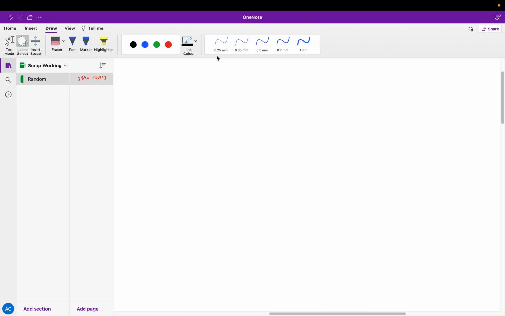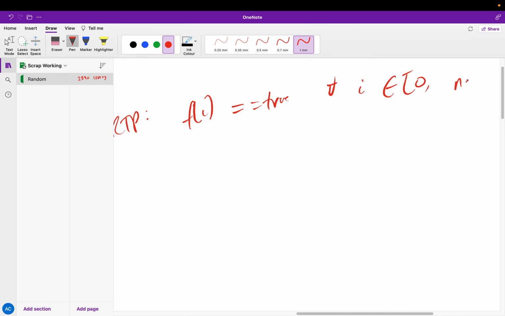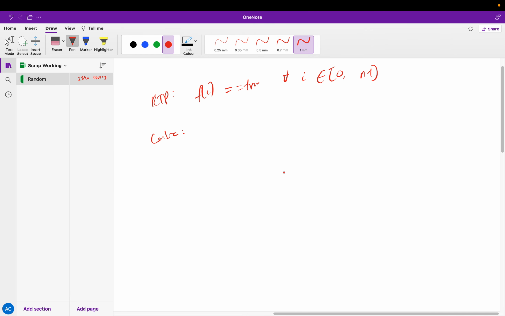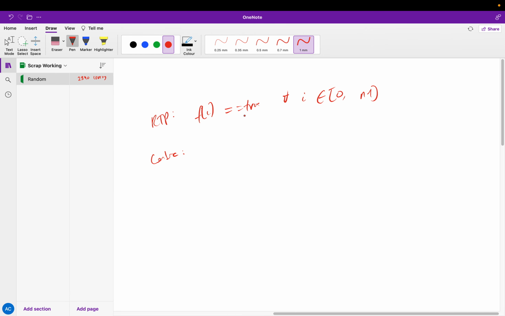If I want to prove the contrapositive, my original statement to prove is that my function returns true for all i in the range 0 up to n minus 1, right? Sorry, I didn't finish the proof.